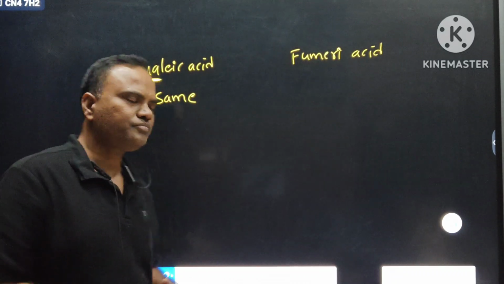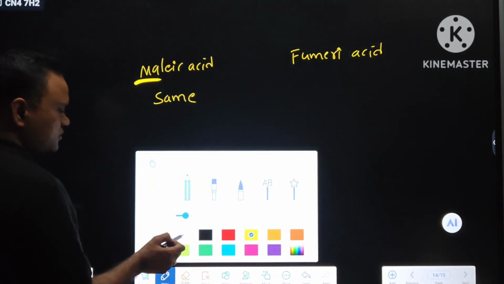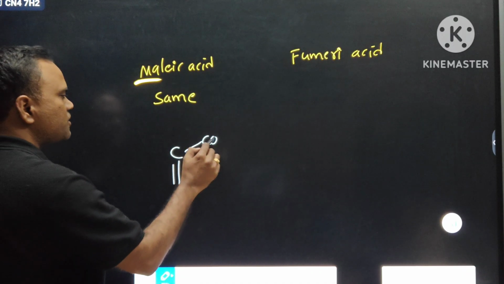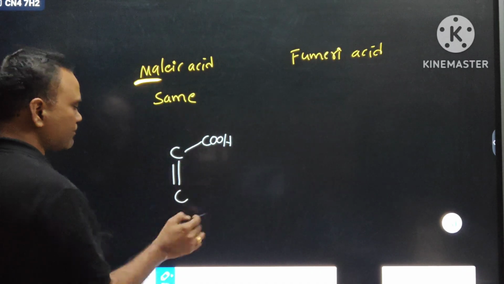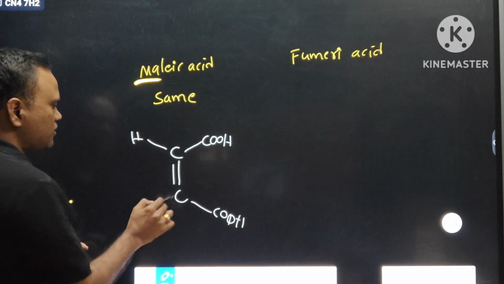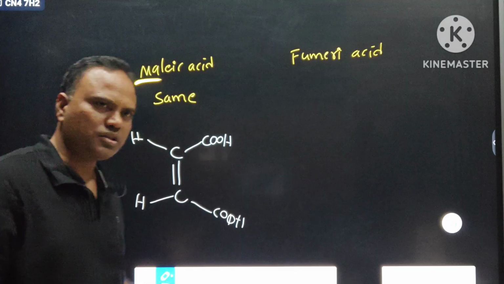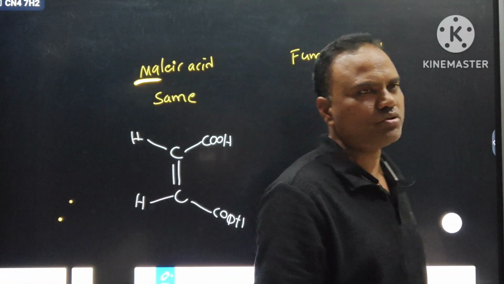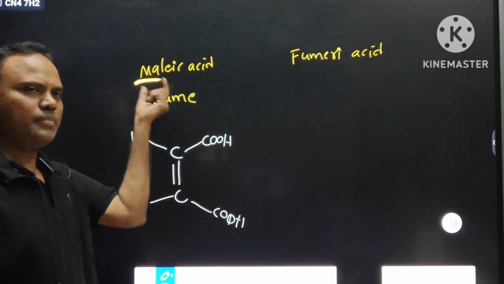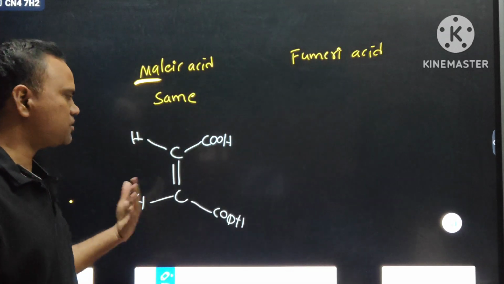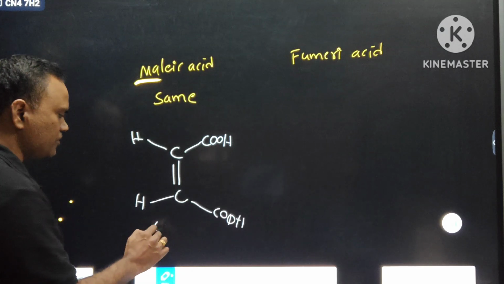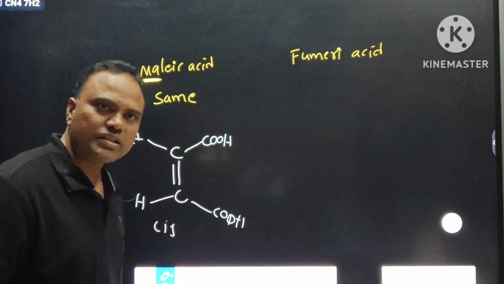Both are matching, same side. In maleic acid, two COOH groups are present on the same side. Same M, remember, otherwise you will get confused. In which are two COOH groups on the same side, and in which are they opposite? Simple trick: same M means two COOH groups are on the same side. Maleic acid is the cis isomer.